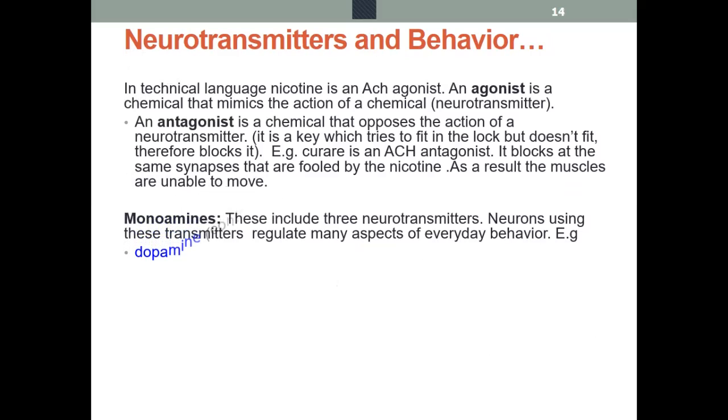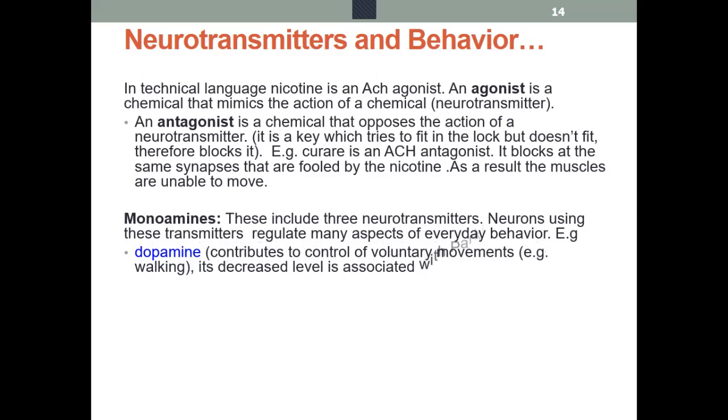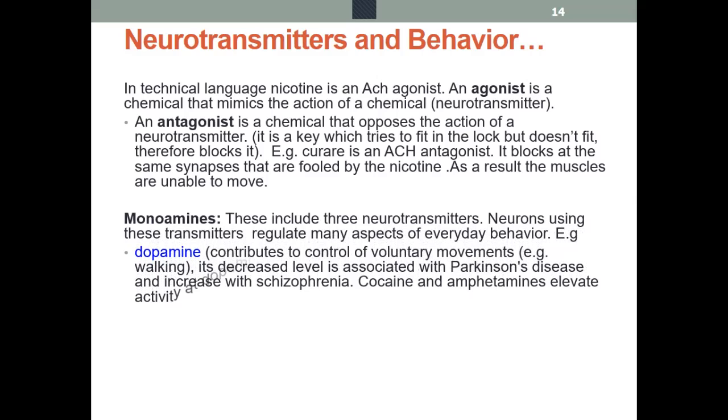An antagonist is a substance which tries to open up the channel of the original neurochemical, but somehow fails to do it, and blocks the channel itself.